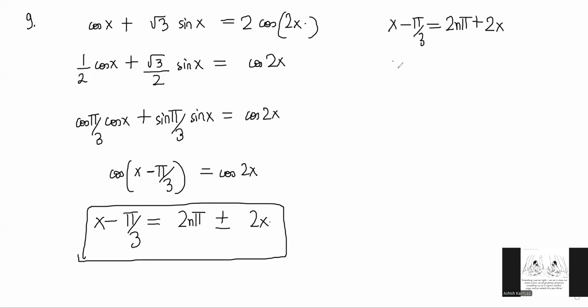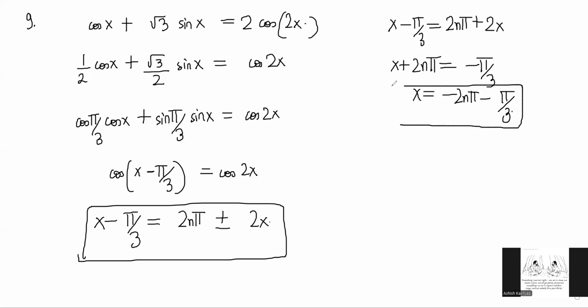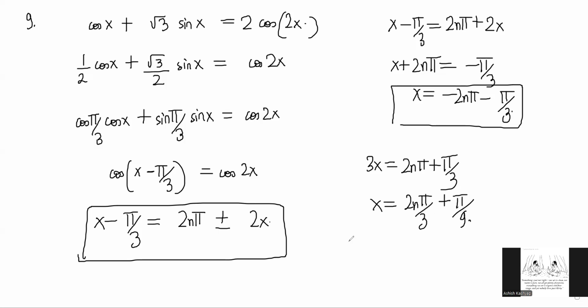From here, you will get x plus 2n pi is equal to minus pi/3, or x is minus 2n pi minus pi/3, where n can be any integer, right? Yes. And from the other case where it is a negative sign, you will get 3x is equal to 2n pi plus pi/3. And x will come out to be 2n pi/3 plus pi/9, right?